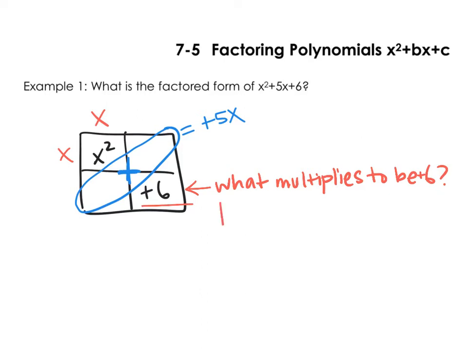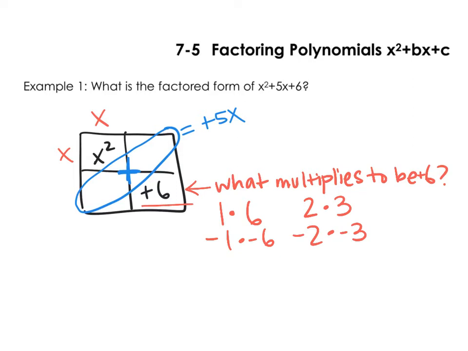A positive 1 times a positive 6 could give us positive 6, or a negative 1 times a negative 6 could give us a positive 6. We could also do a positive 2 times a positive 3, or a negative 2 times a negative 3. So all of these are options in order to get us to what we need in that trinomial.